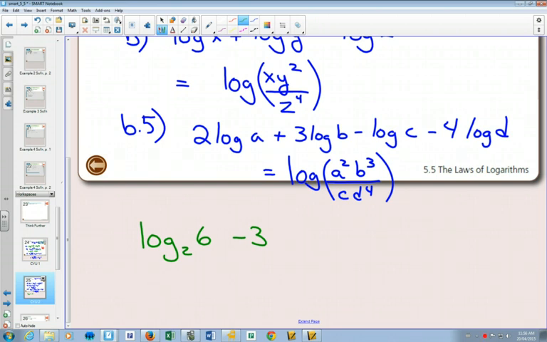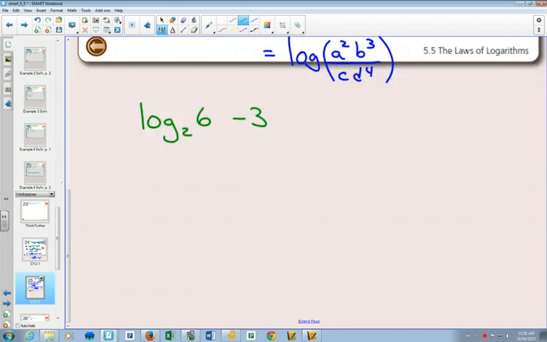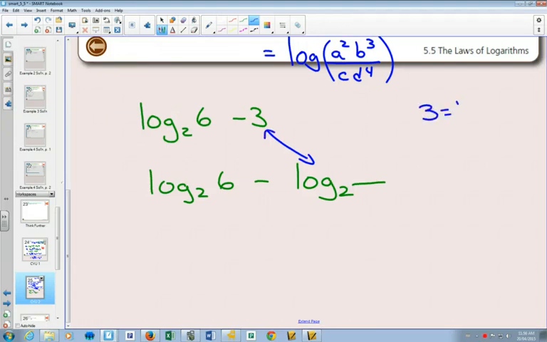The question here is, I know that I can combine things if I have logarithms with the same base. So if I could somehow think of writing 3 as log base 2 of something, I just need to make this equal. So we go off to the side here, because I don't know what to put in for x.